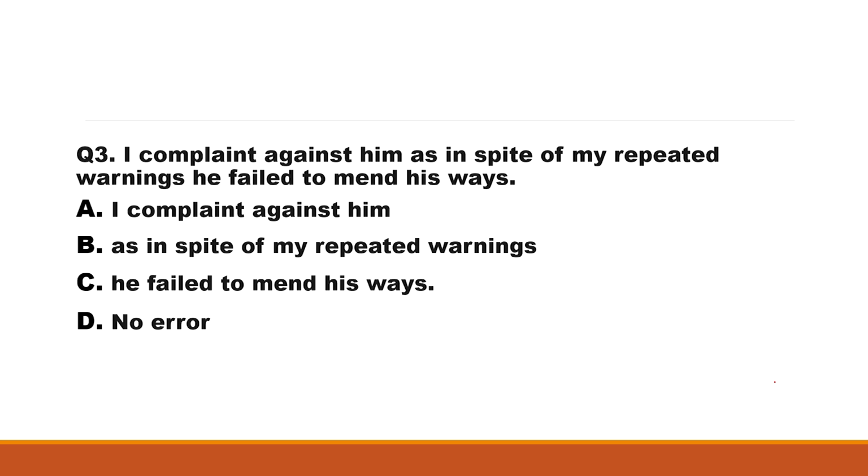So, let us discuss. I complained against him as in spite of my repeated warnings, he failed to mend his ways. So, the grammatical error lies in option A. Second form of verb and third form of verb of complain is complained, whereas complaint is a noun.